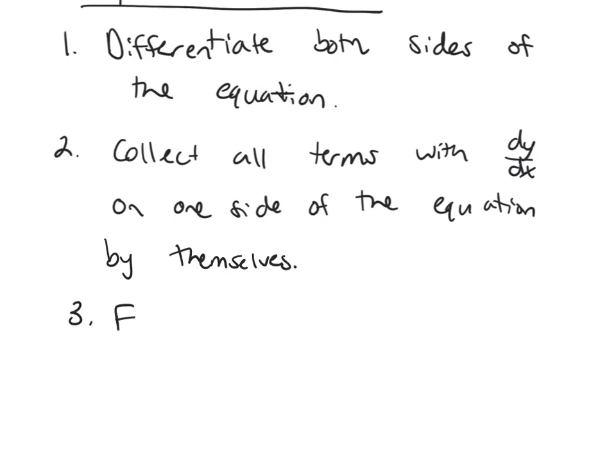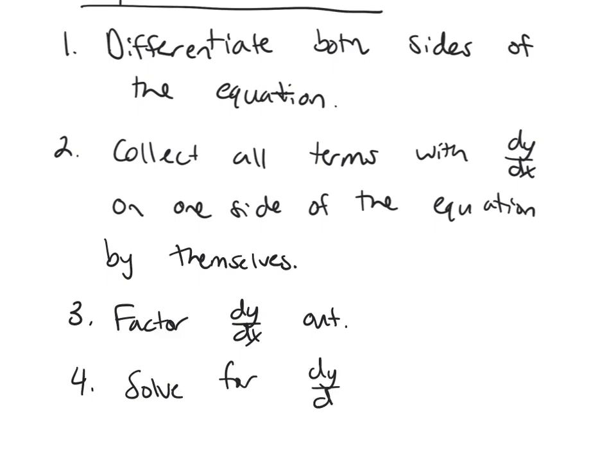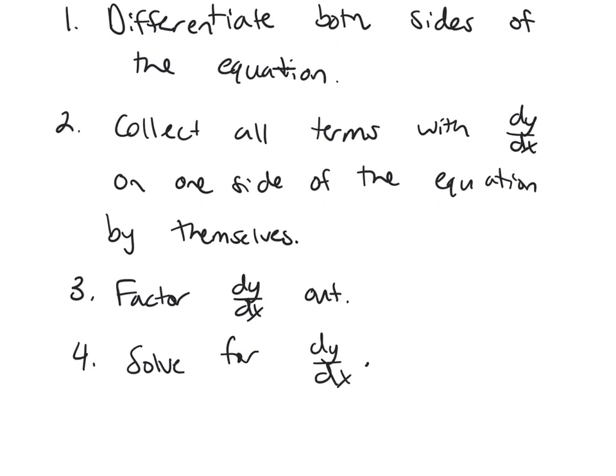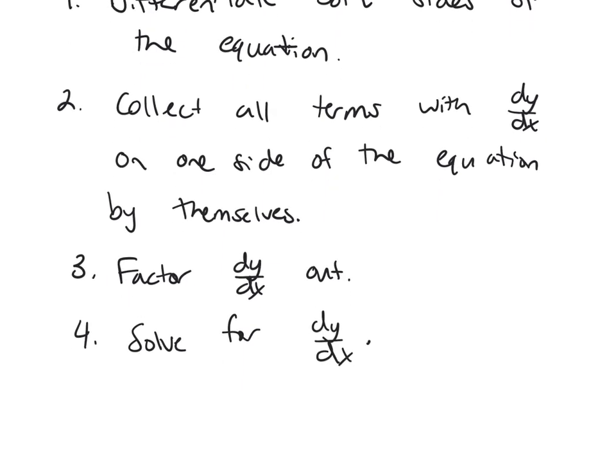Step 3, you're going to factor dy dx out. And then finally, you're going to solve for dy dx. So again, this is the procedure you're going to use anytime you do an implicit differentiation problem.